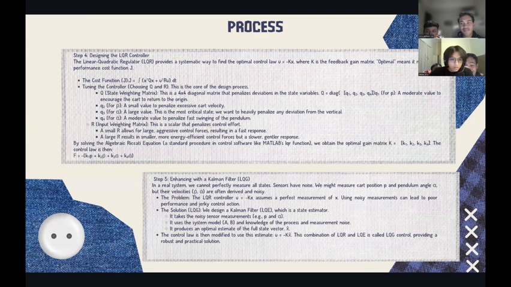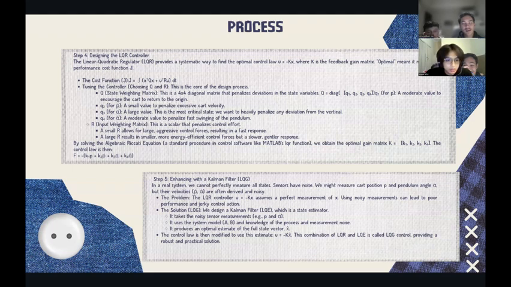Okay, now step 4, designing the LQR controller. The linear quadratic regulator, or LQR, provides a systematic way to find the optimal control law u equals negative Kx, where K is the feedback gain matrix. Optimal means it minimizes a performance cost function J. The cost function J is as we can see in the presentation.